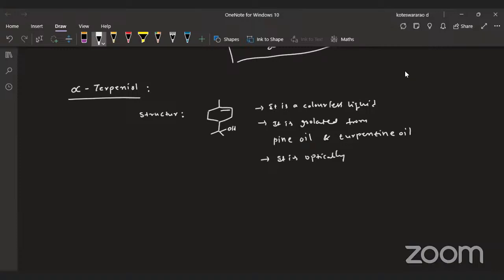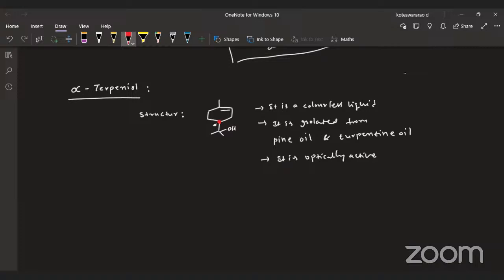What is the optically active center here? Look here. Optically active means at least one chiral center exists, right? This is the center. It is the optically active center.